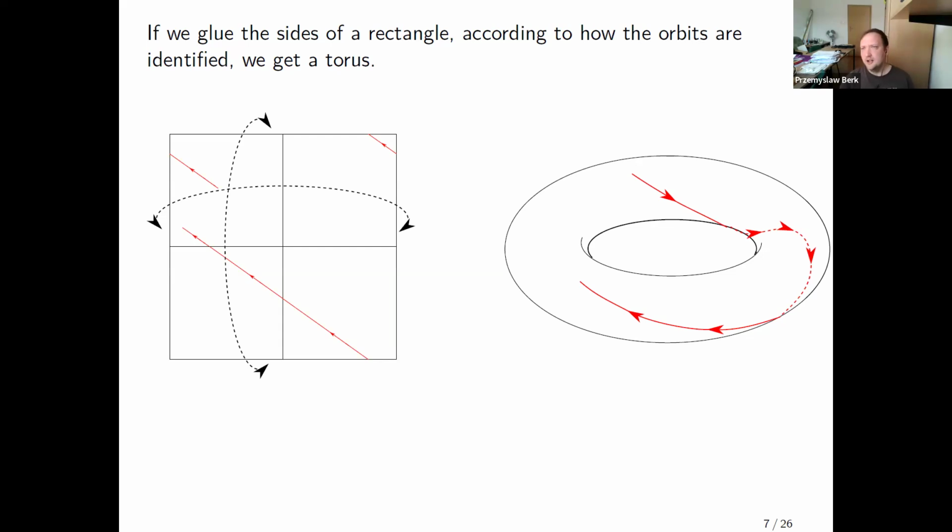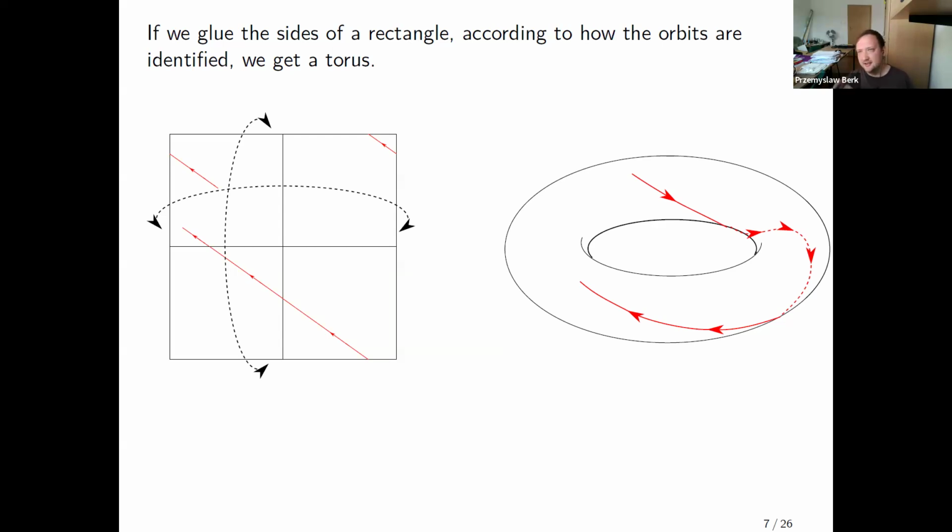So actually, I translated the problem of studying billiard flow into studying exactly translation flow on a translation surface, which in this case is a torus. So I have a surface and I move in one fixed direction with unit speed. And this is the object that I want to study, not only on the torus, but also on other surfaces.